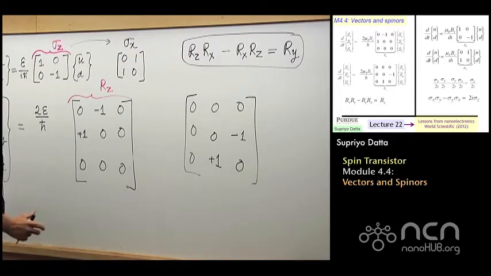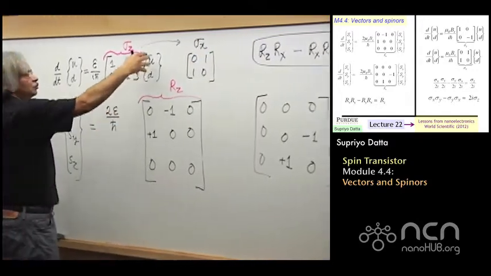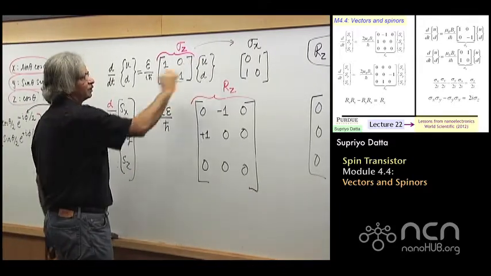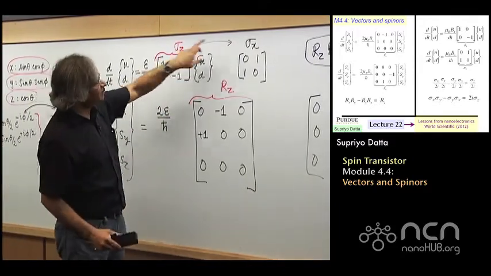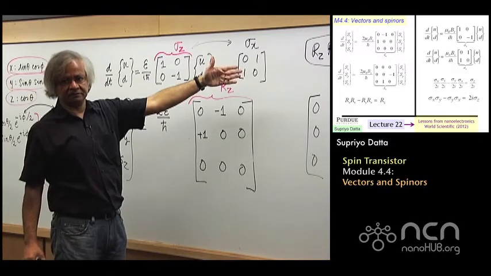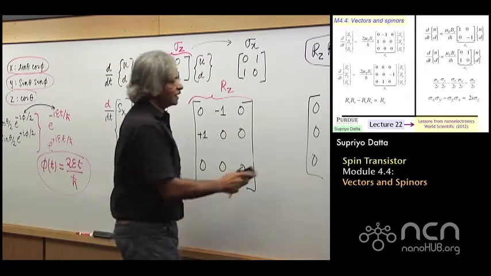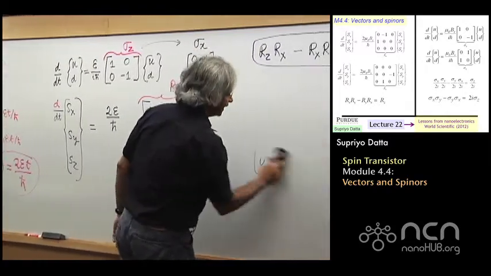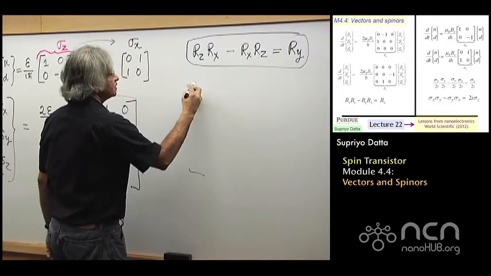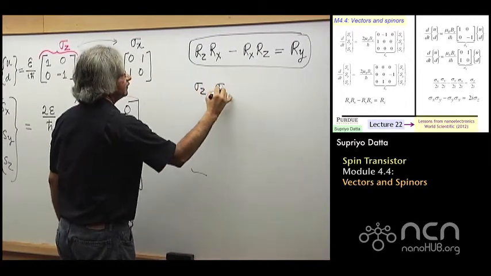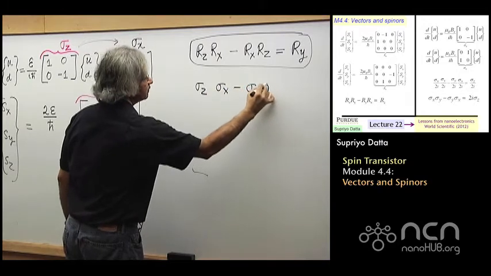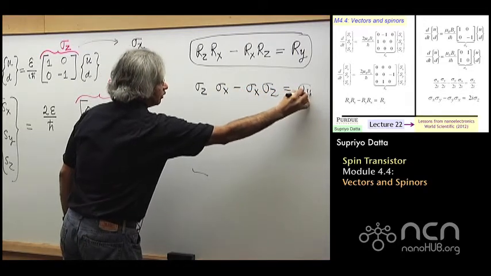And so if you are trying to represent your rotatable objects with two-component complex quantities, the corresponding matrices must have the same properties. See? So what must happen then is that sigma z sigma x minus sigma x sigma z should be equal to sigma y.